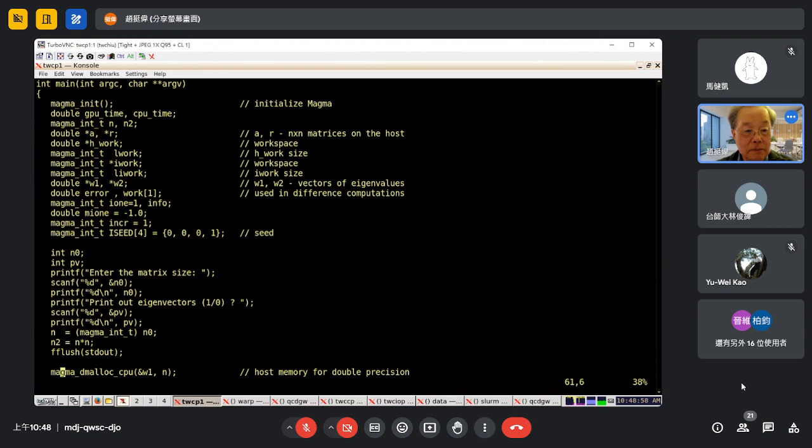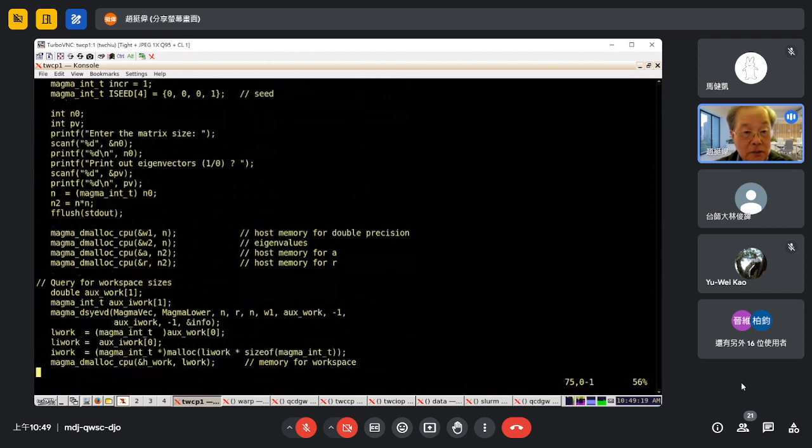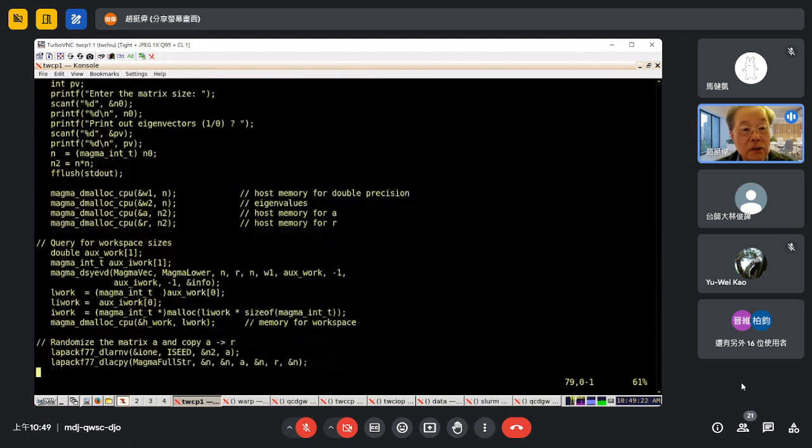Then this is the magma malloc on the CPU, and then W1 and W2, and then A and R. All the memory allocation is actually on the CPU, but Magma will use it to transfer the data to the GPU itself.